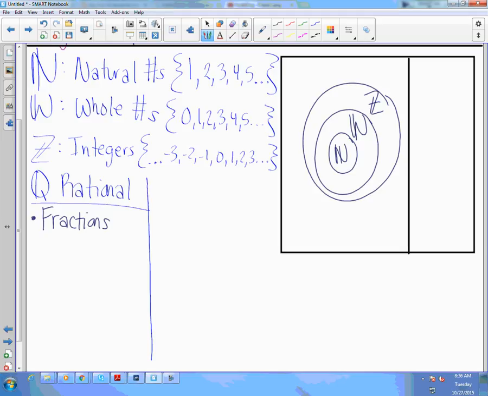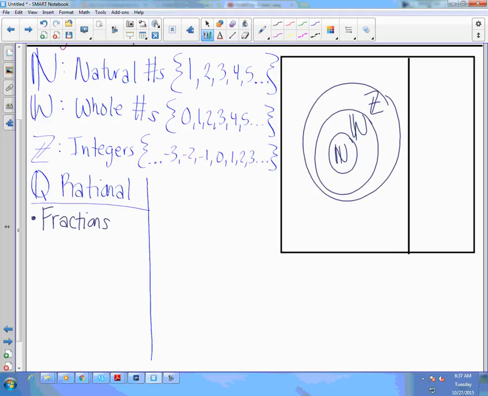Could that be a fraction? 1 divided by 1. What about the integer -3? -3 divided by 1, because any other number changes the value. So it has to be divided by 1 to not change the value. So all of the integers can also be written as fractions.